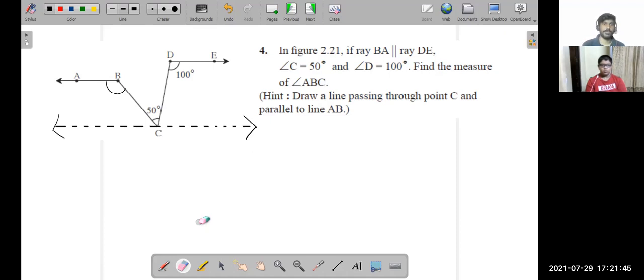We have to find out angle ABC. This is 100.